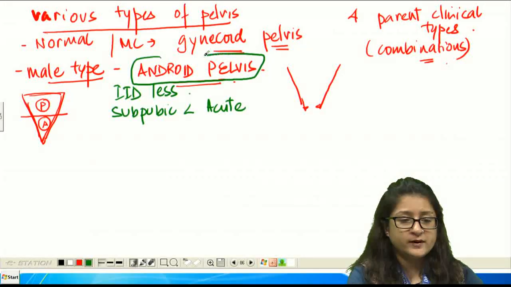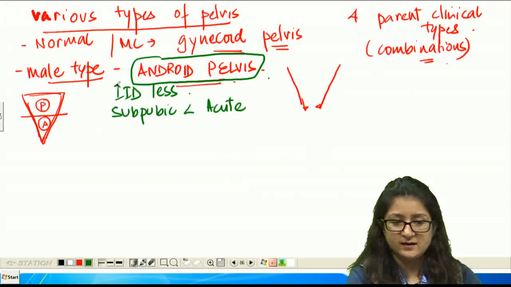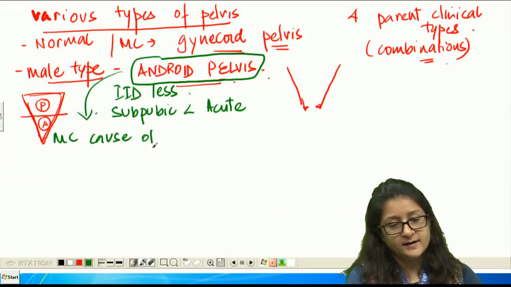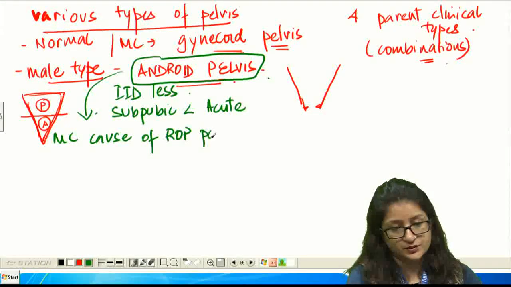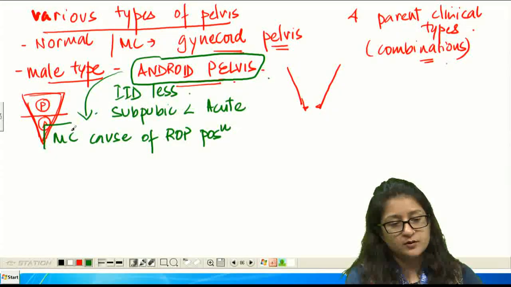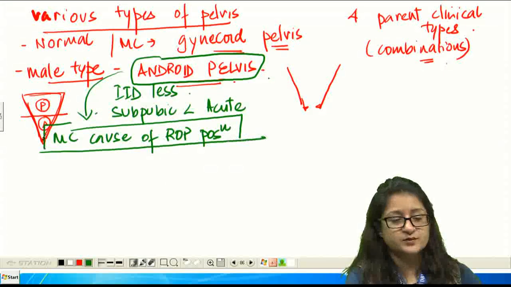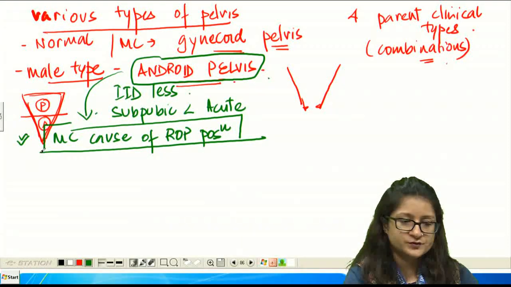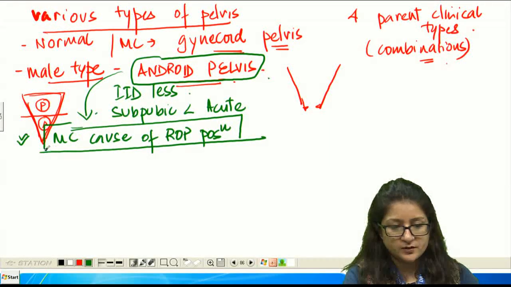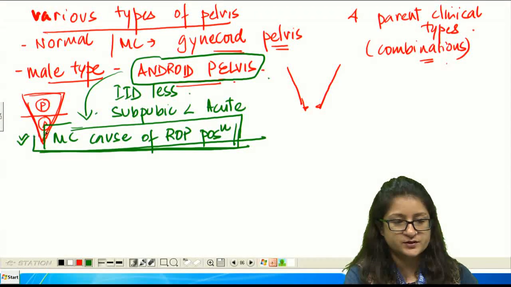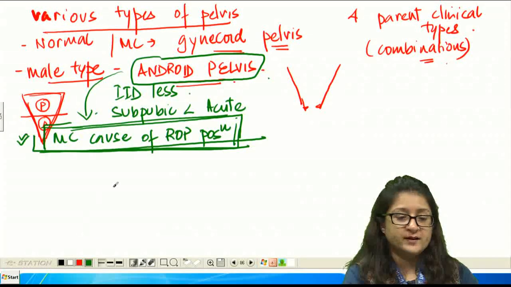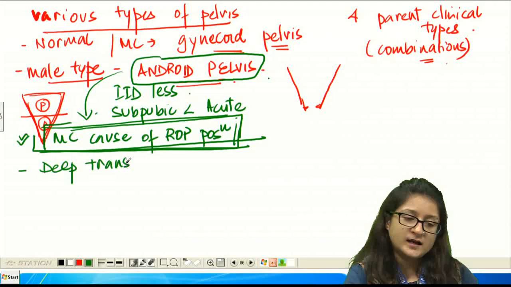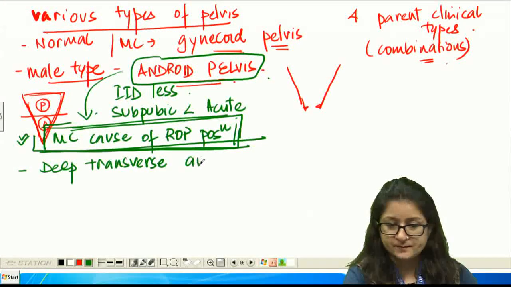But the most important point about android pelvis is that this pelvis is the most common cause of right occipito-posterior position. This is an important point that you have to remember. Another thing is that this pelvis is associated with deep transverse arrest.